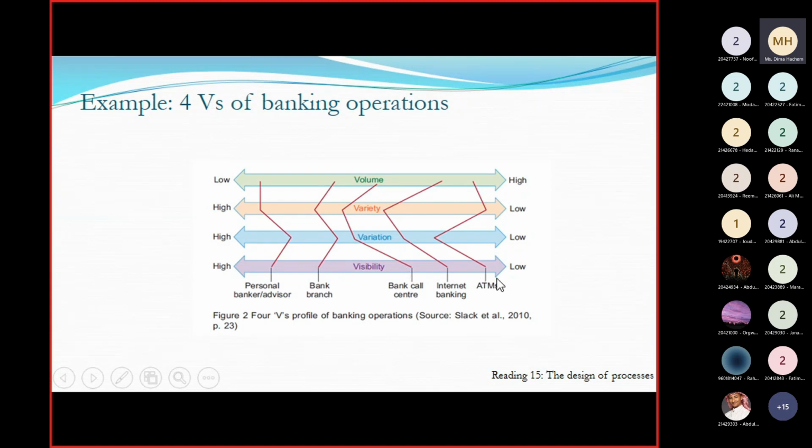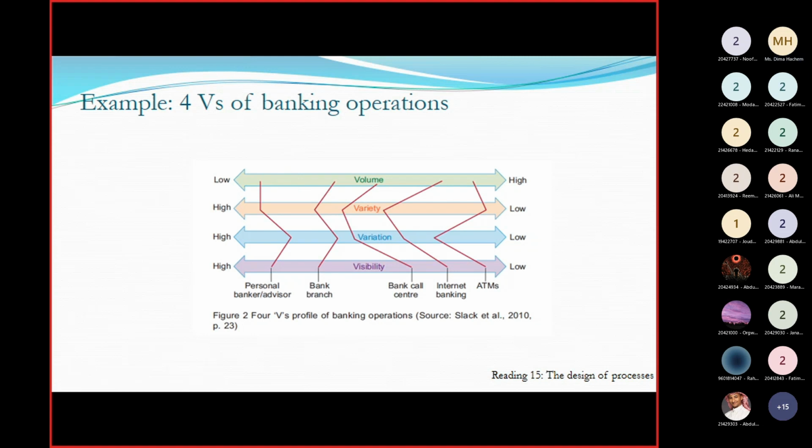So as you go to the left, things will change. Things will become more visible, and they will have more variety and more variation and a lower volume. So how many people do you think have a personal banker?